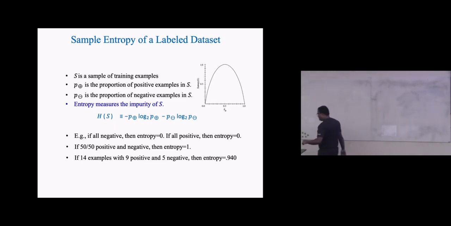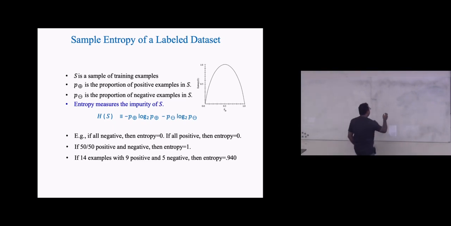Let's talk about coin toss. In coin toss, it's a binary variable. You either get a heads or a tail. So two possible choices.